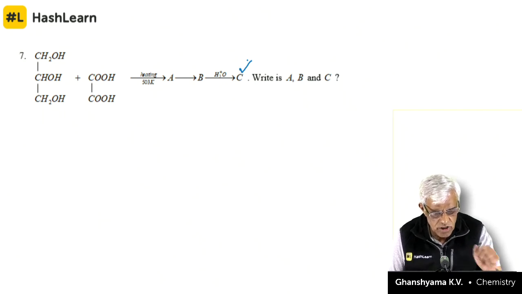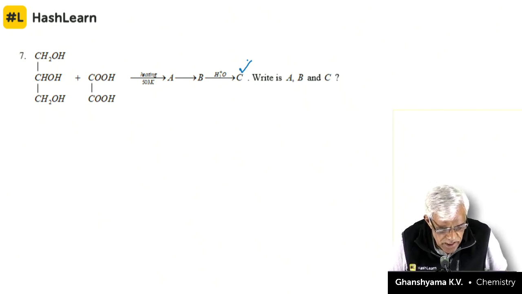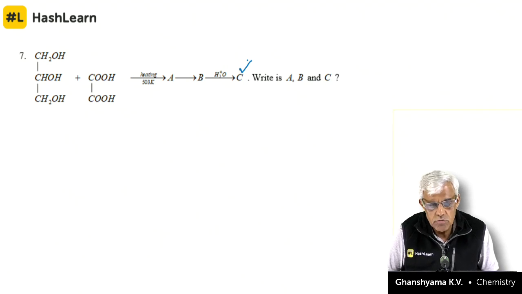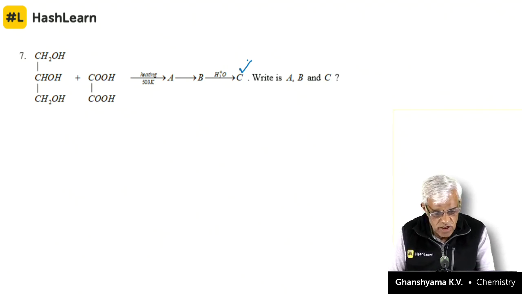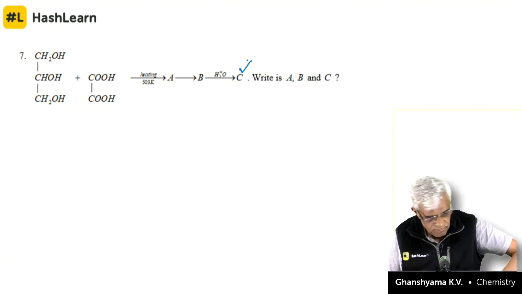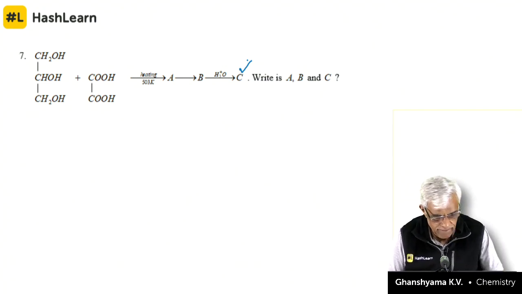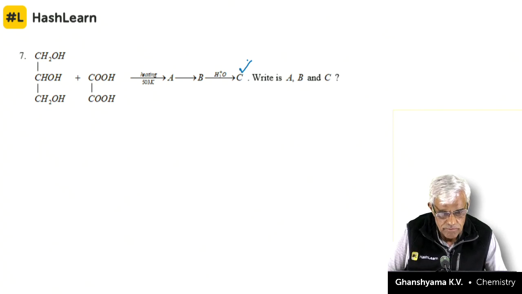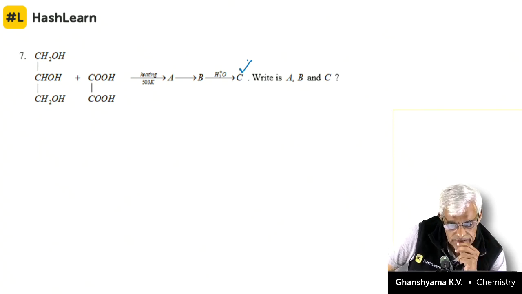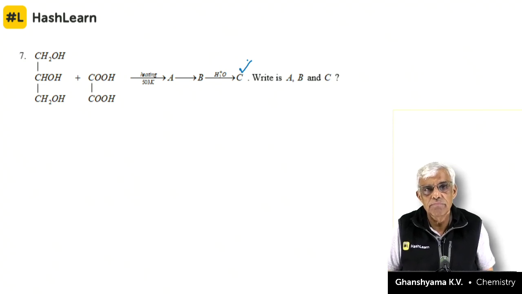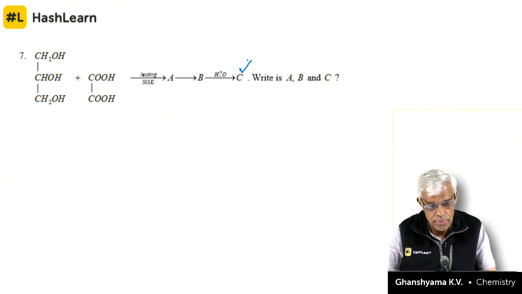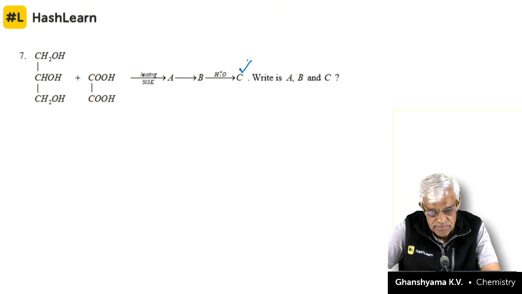Glycerol plus oxalic acid crystals are heated to 503 Kelvin. Can you give me what is C?